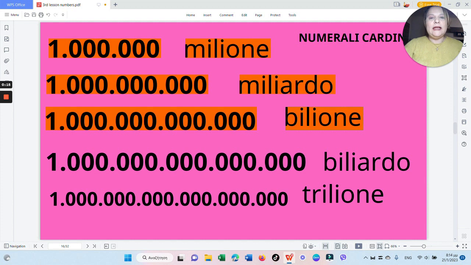Bilione. Bilione in Italian is trillion. Biliardo. Biliardo in Italian is quadrillion. And the last one, trilione, always with one L. Trilione is quintillion.